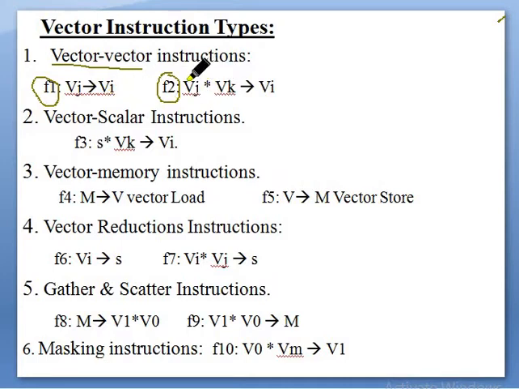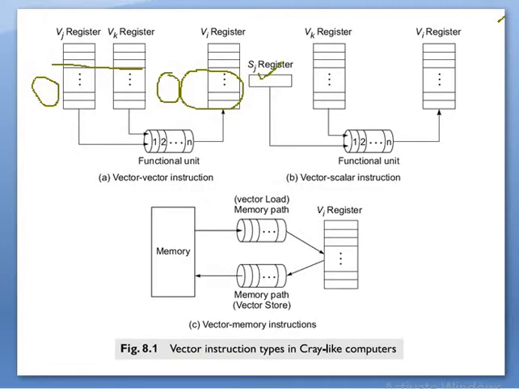When we perform Vj with some operation, not always multiplication, it is some vector operation. When we perform it on two vectors, the result is also a vector. See the diagrammatic representation: one vector from the Vj register set, another from Vk. When they both enter, they will give a result.